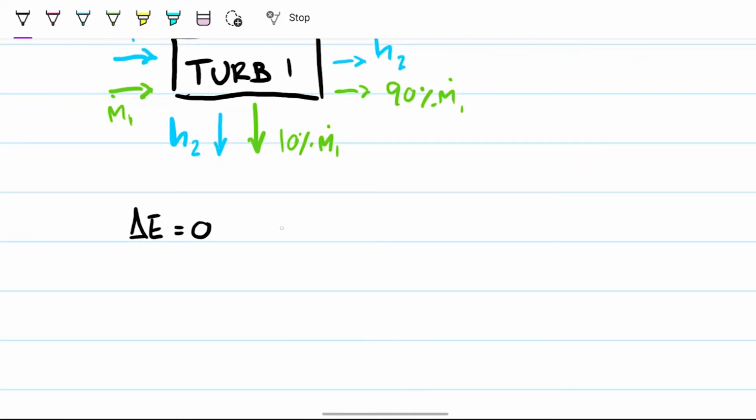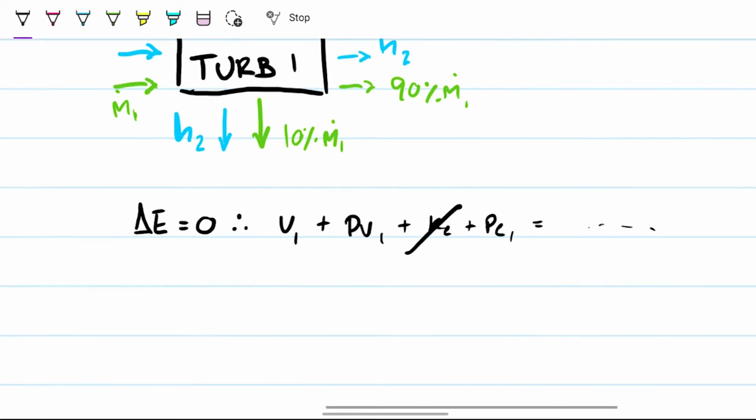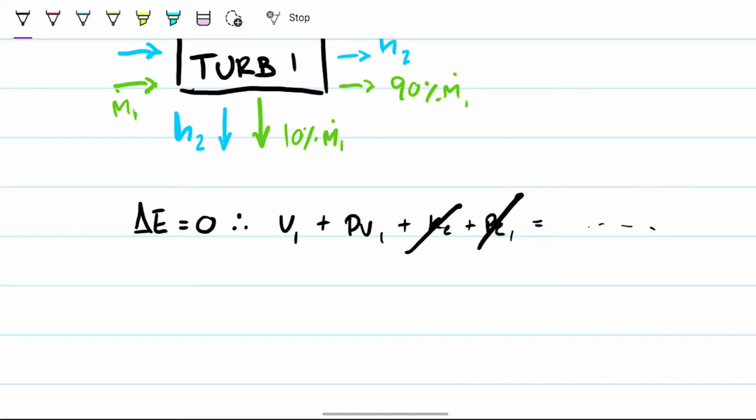So that means that if I do an energy balance, enthalpy 1 plus kinetic energy 1. Oh, we can do the whole thing, right? So internal energy, flow energy, kinetic energy, potential energy has to be equal to the same thing on the other side. We're ignoring kinetic energy and potential energy.